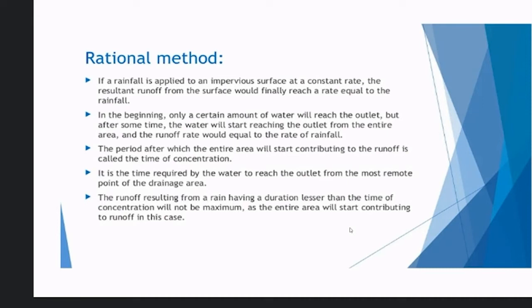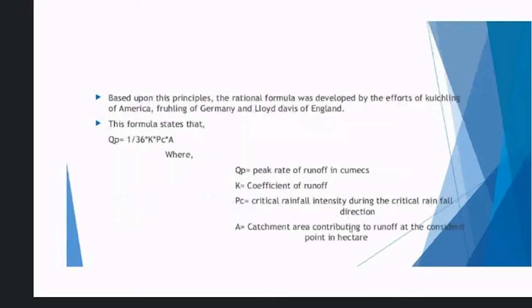The period after which the entire area will start contributing to the runoff is called the time of concentration. It is the time required by the water to reach the outlet from the most remote point of the drainage area. The runoff resulting from a rain having a duration less than the time of concentration will not be maximum, as the entire area will not contribute to runoff in this case. Next slide, please.